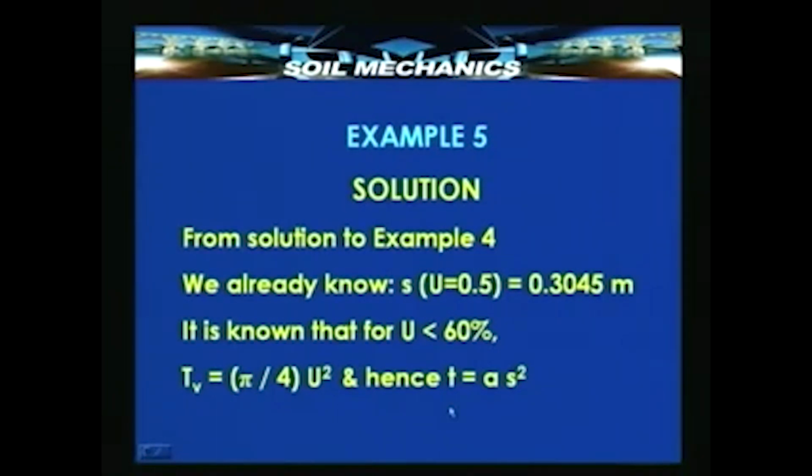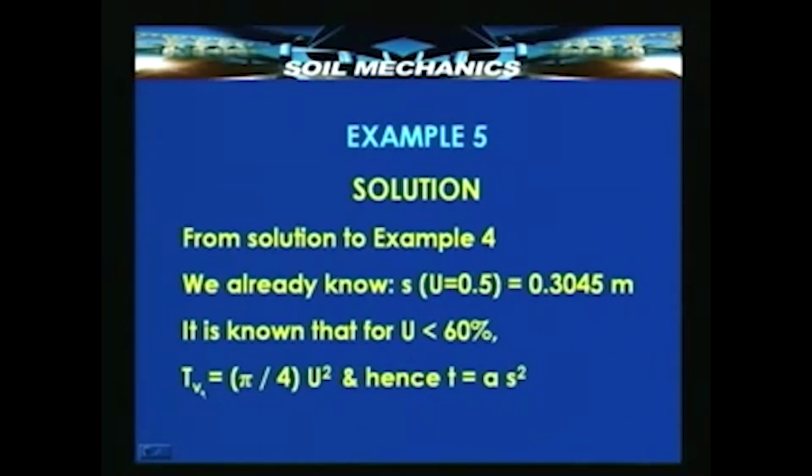and we can incidentally compare this with an expression involving small t. Since capital T is a constant into degree of consolidation square, that is nothing but this parabola, then t can also be expressed as a constant A into the amount of settlement that has taken place up to this point of time.